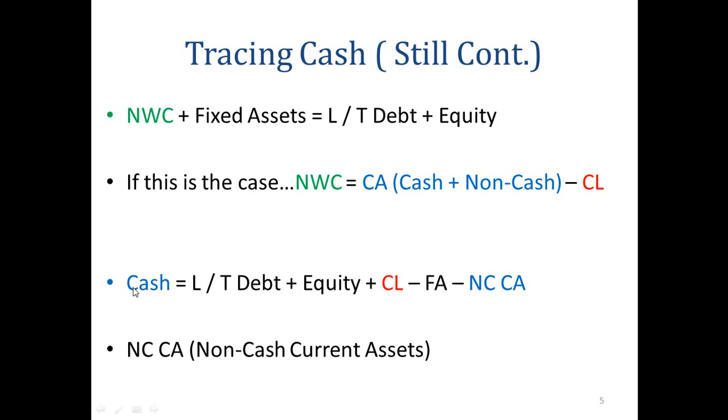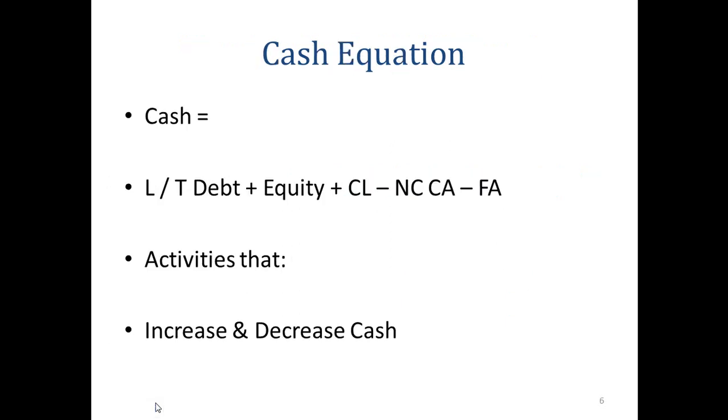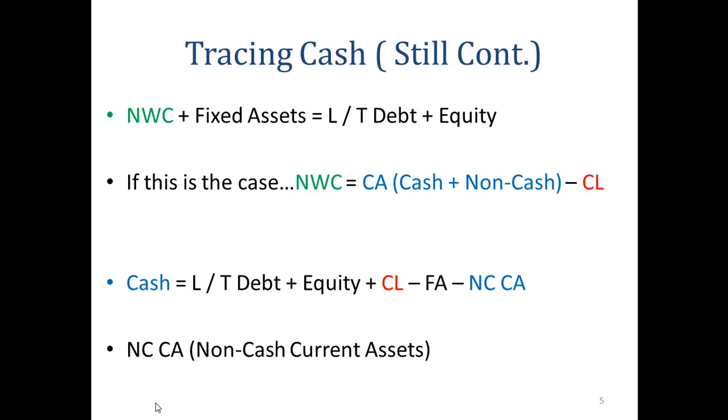So cash stays on this side, and everything else gets bumped over to the right side of the equation. The only thing left is CL, and we accounted for it here. So that's our new equation. NCCA is non-cash current assets.